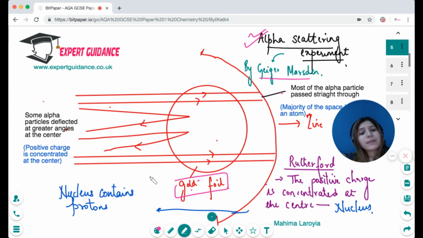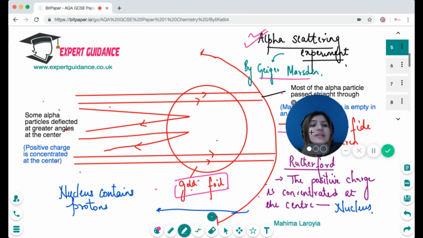What they predicted was that if the plum pudding model is correct, then the majority of the alpha particles should pass undeflected through the gold foil and hit the zinc sulfide screen. But to their surprise, what they found was that the majority of the alpha particles went through undeflected, there were minor deflections, and at the center there was a greater deflection, and some of the alpha particles just bounced back by 180 degrees.